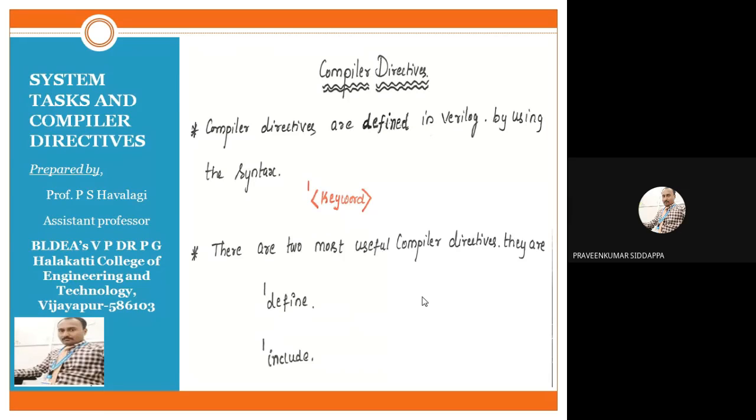In your slide you can see, compiler directives are defined in Verilog by using this syntax. This should be the standard syntax for writing compiler directives in Verilog language. In C we indicate it by using the hash symbol, but in Verilog we indicate compiler directives by using a tick mark.